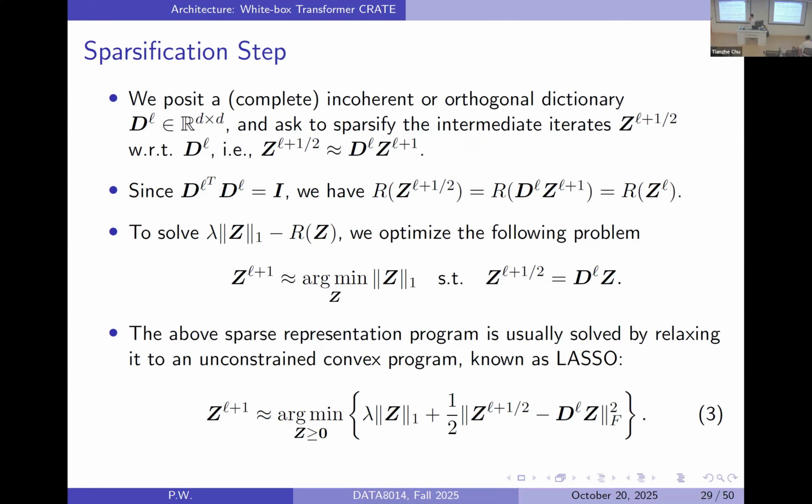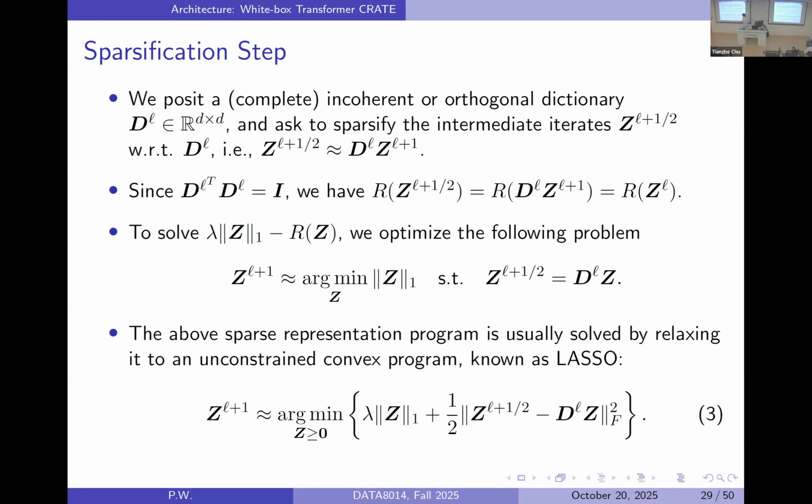Then we further apply proximal gradient descent to optimize this. That is, we enforce this constraint as a penalty in the objective function, and get this one, and then approximately solve the following problem: the L1 norm plus a mean square Frobenius norm, right?